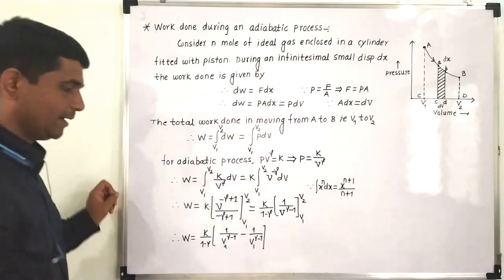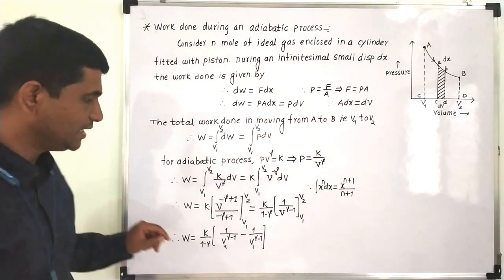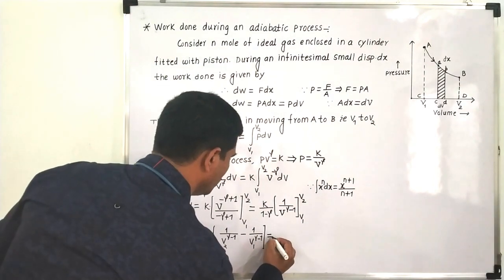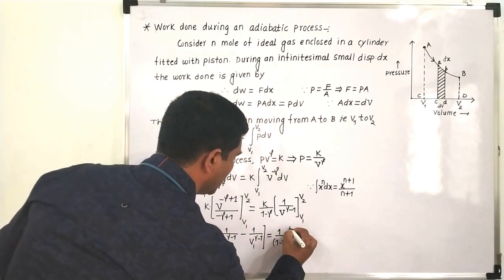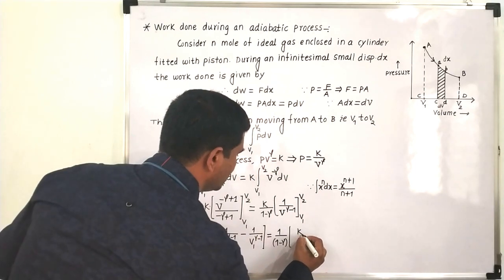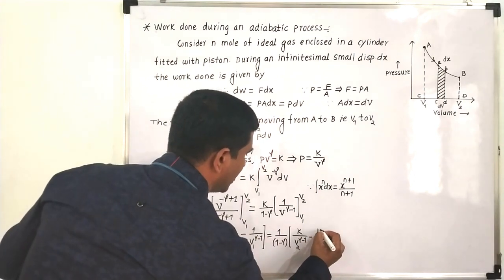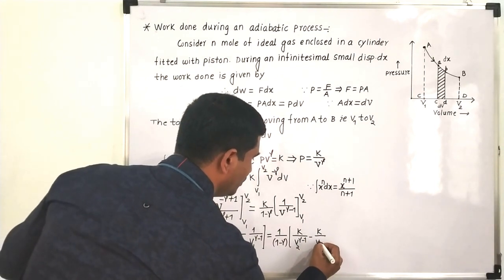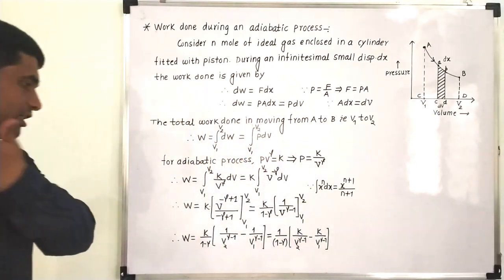In the next step, I'll give this k inside the bracket. So we get 1 upon 1 minus gamma, and inside the bracket k upon v2 raised to gamma minus 1 minus k upon v1 raised to gamma minus 1. Okay, so this is the expression.